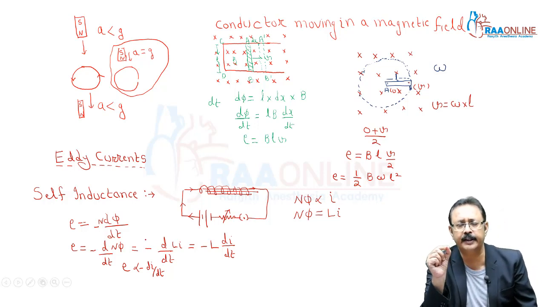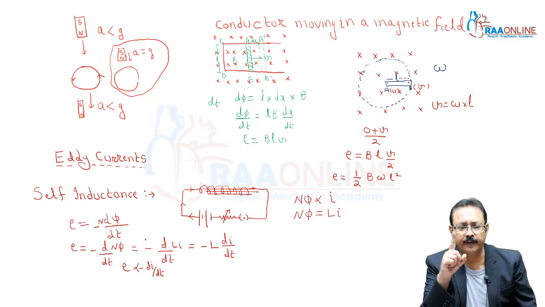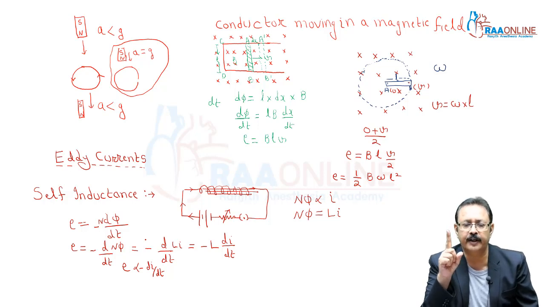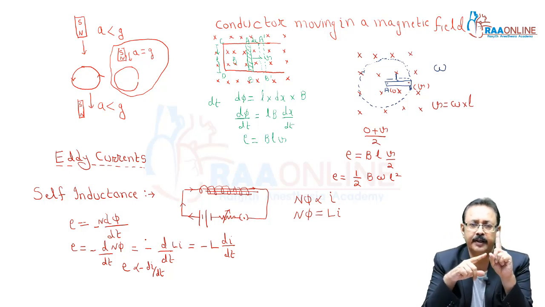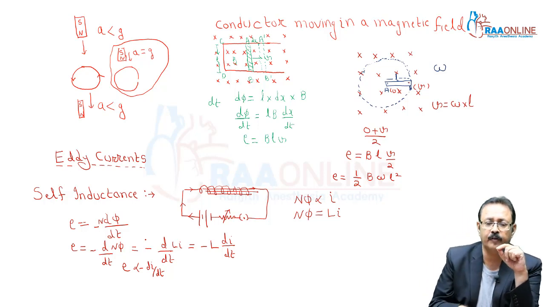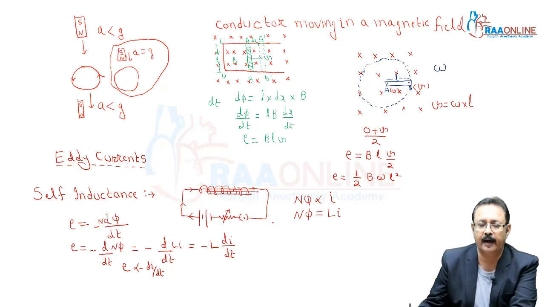If the rate of change of current in a coil is 1 unit, the EMF induced in the coil should be equal to the coefficient of self-inductance. Means L becomes E if di by dt is 1. The unit of this L is Henry, denoted by H.